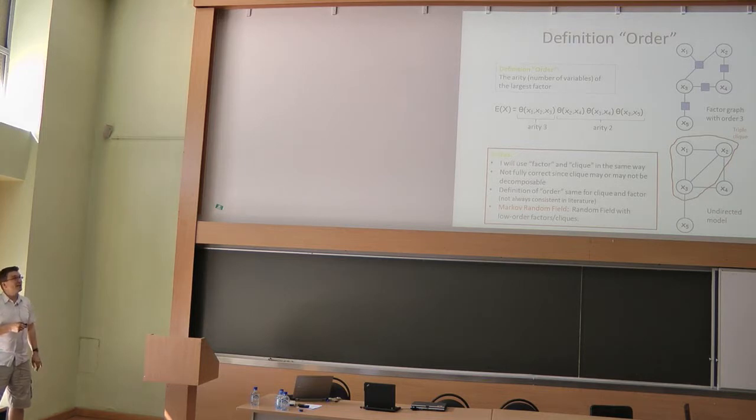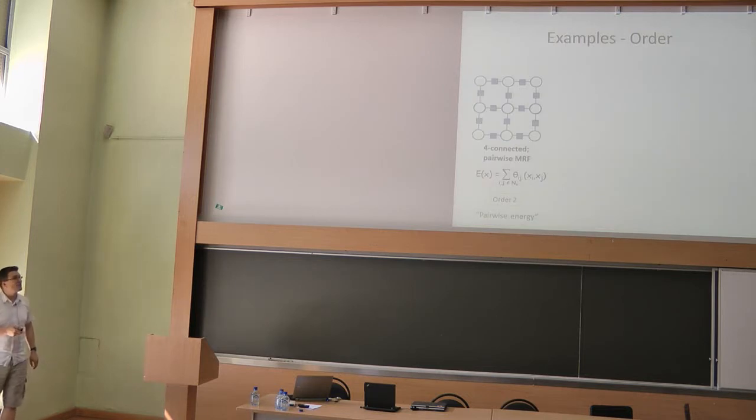It's a local dependency, but you still have what Andrew called the knock-on effect. So this variable can still influence via the factors this variable down here, but it's only low connectivity and not everything is connected. It's not one big factor.